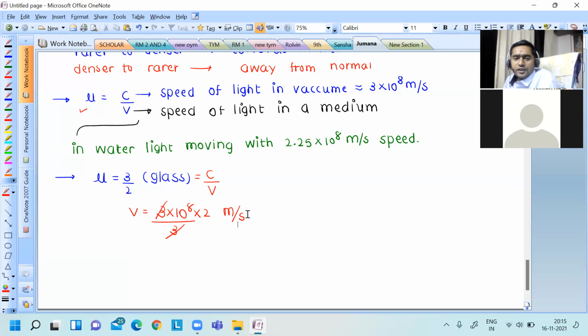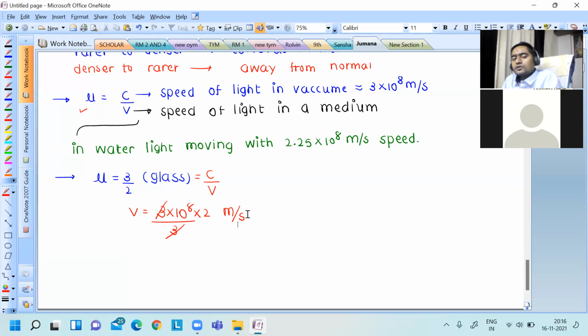As you can see, in this glass medium the speed of light is slower compared to water. In water we obtained 2.25, while in glass it's 2 times 10 to the power 8.